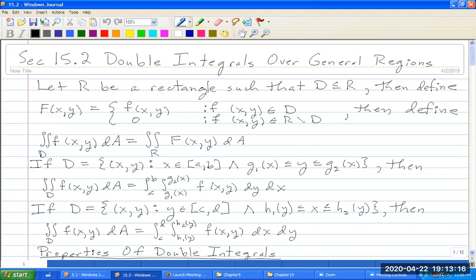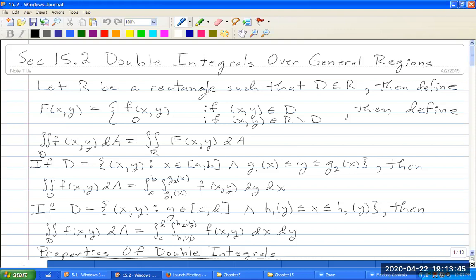So we can now define double integrals, and it really doesn't matter what region we're integrating over. It's the same sort of idea that we had in the previous section. We can think of these different ways of integration in terms of different types of regions.